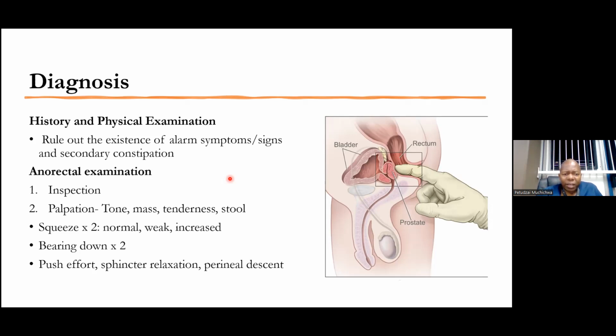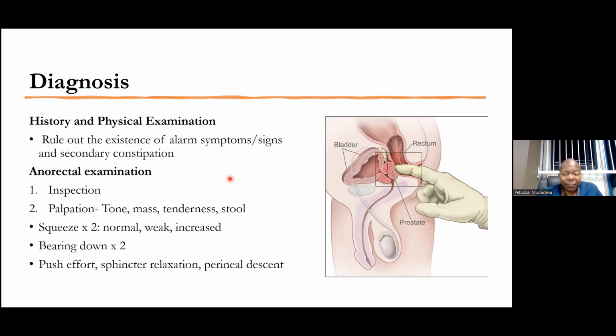Ask the patient to bear down, two efforts. In this, we are really assessing the push effort. We are assessing for sphincter relaxation and perianal descent, because this can give quite a clue in patients with defecation dyssynergia.